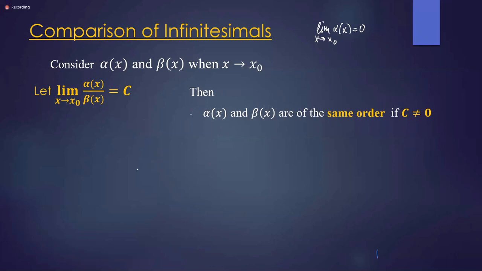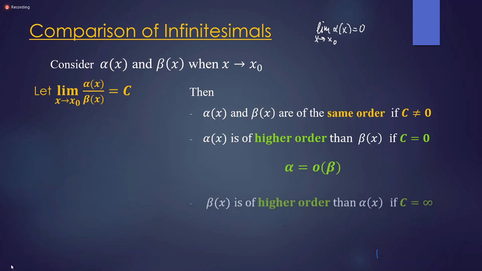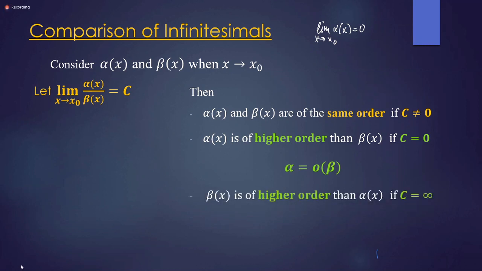Then we might have one of them of a higher order than the other one. So the numerator is an infinitesimal of higher order than the denominator if the limit is 0. And it's the other way around: we can say beta is of higher order than alpha if this ratio tends to infinity. Everything is correct.